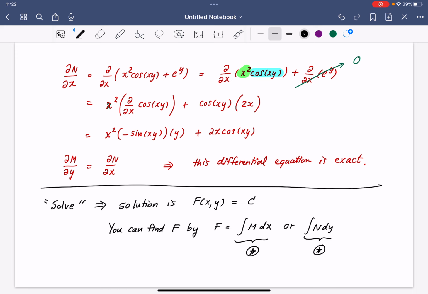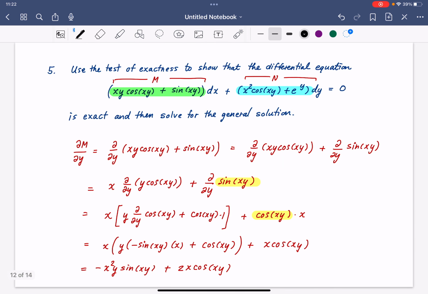So we're going to start by taking a look at M and N, which one is easier to integrate. Both of them are hard, but we're going to integrate this one. N looks easier because when we integrate with respect to y, x squared is going to be constant.